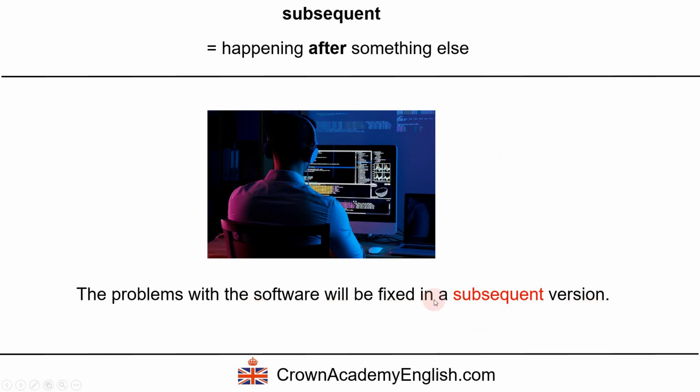So the problems will be solved, will be fixed in a version of the software after the current version. Okay, after the version that we have now. Okay, so they will be fixed in the future in a version after the existing version. Okay, subsequent version, in a later version.